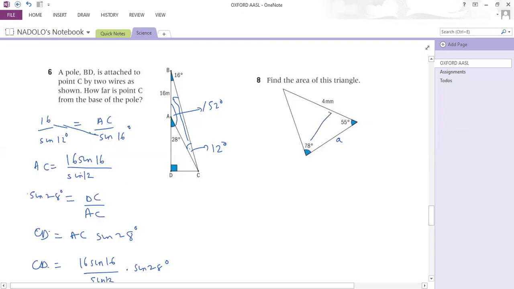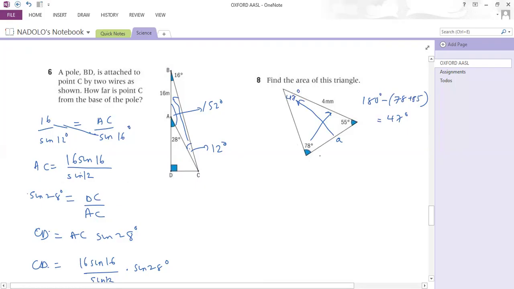You will see 78 faces that side, but our A faces an angle which is not there. But we can get it from the property that the sum of angles in a triangle adds up to 180. If you subtract the sum of these two angles from 180, it will be 180 minus (78 plus 55). Using your GDC, you should be able to get this one as 47 degrees.